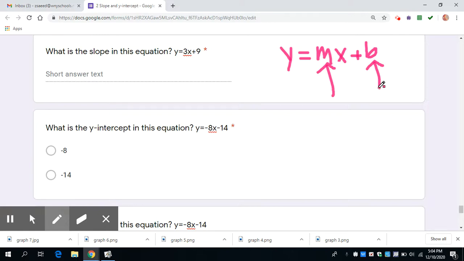So please be careful. It's not always going to be in this perfect order. Sometimes it's going to be mixed up. You want to be careful which number you choose as your slope and y-intercept according to the question. Okay, so again, quick hint, we have y-intercept of this equation right here. The y-intercept will be the number that is alone, which is a -14.